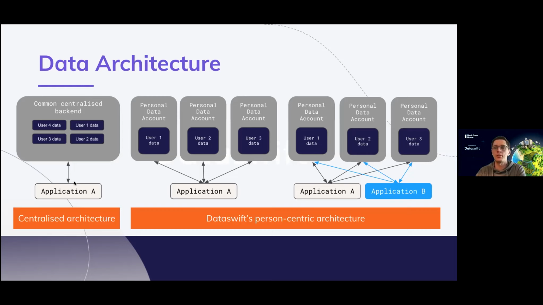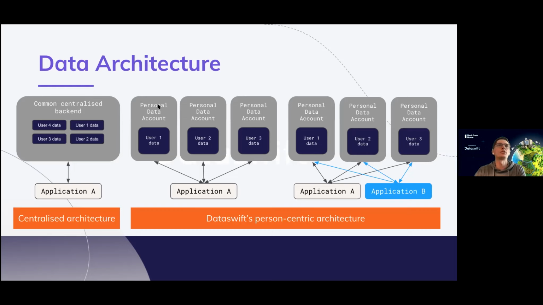Here at Dataswift, our platform is slightly different. The main difference from the general approach is that for each individual user that we register on the platform, each user gets their own individual database, and within that database, different applications are given access to different portions of the user's database.